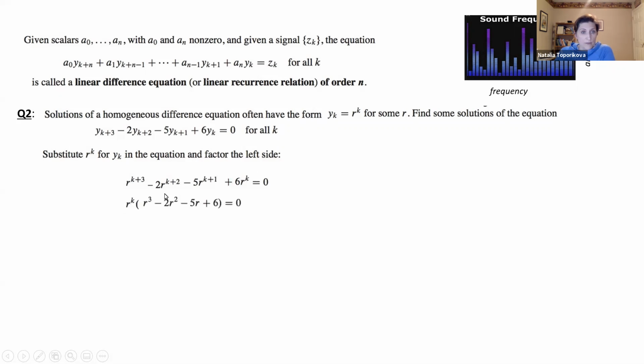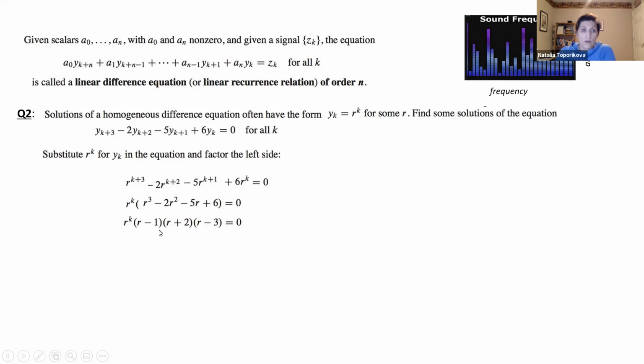What are we left with? We are left with a third degree polynomial: r cubed from the first term, r squared from the second term, r from the third term, and the free term 6 from the last one. So now we have a third degree polynomial, and we can try to factor it.